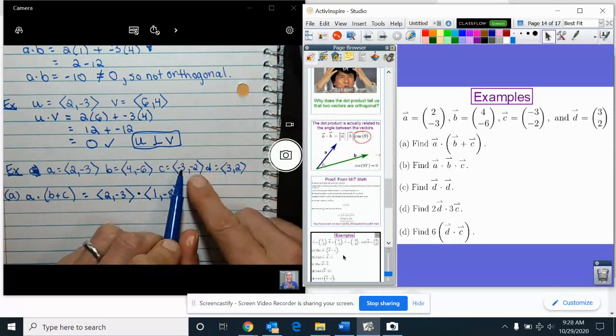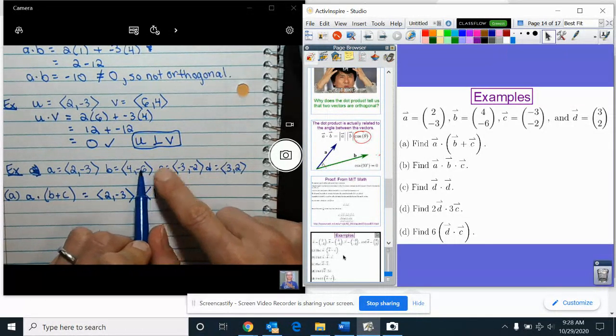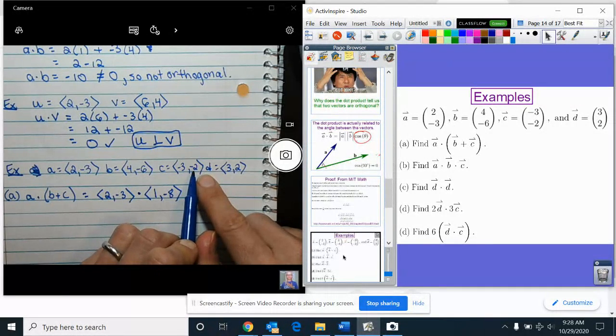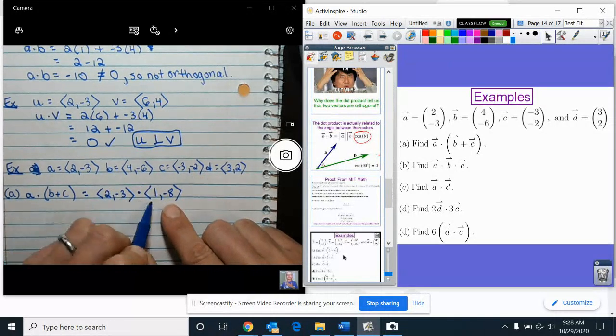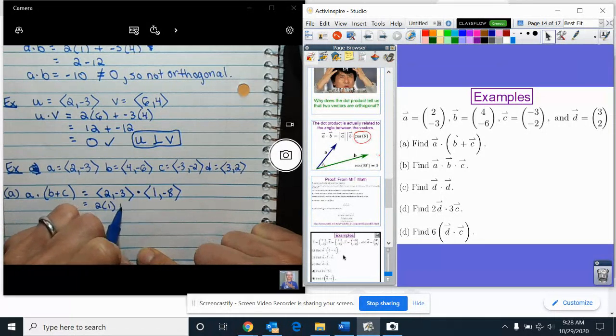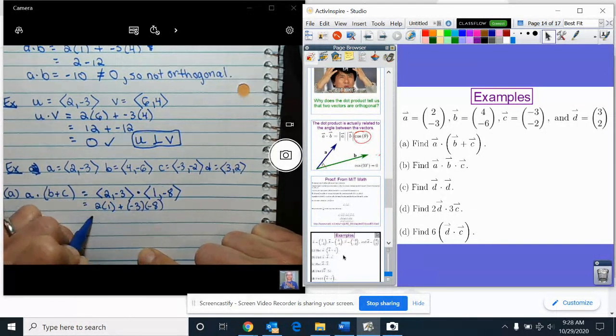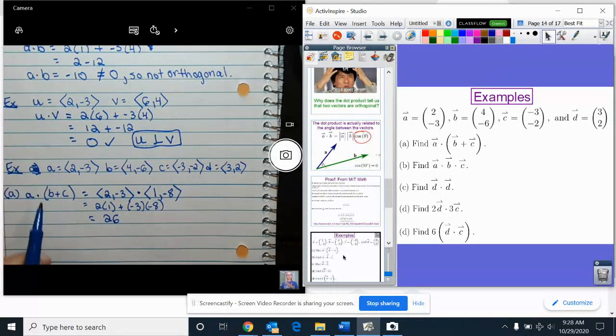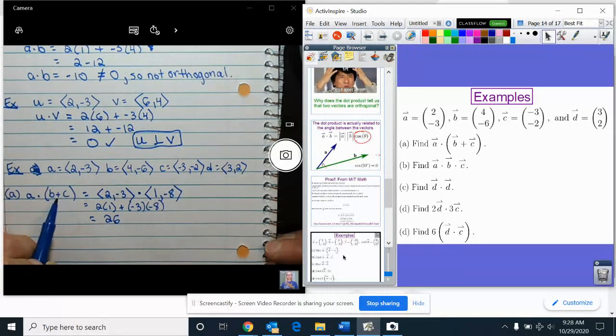Just adding 4 plus -3 and -6 plus -2. Now, the dot product is 2 times 1 plus -3 times -8. And that will arrive at 26. So that is the dot product of one vector and the sum of two other vectors.